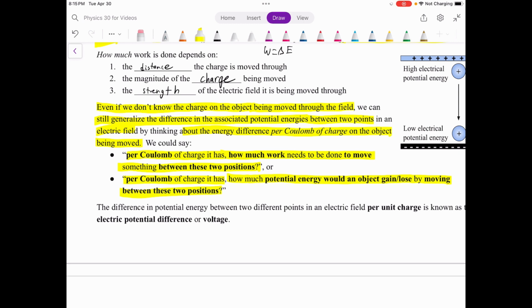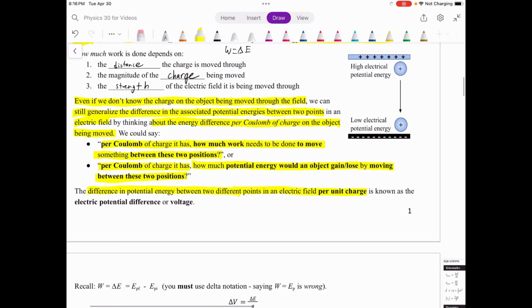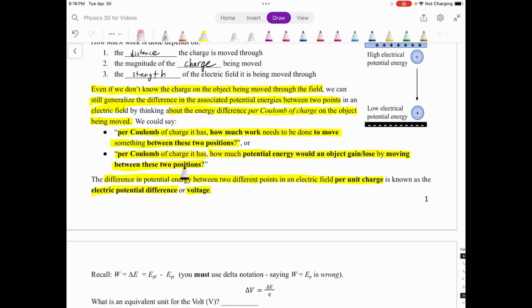And this has its name, this quantity of how many joules it would gain or lose per coulomb of charge by moving between these two different points. The difference in potential energy between two different points in an electric field per unit charge is known as the electric potential difference, or the voltage. Do you see what I mean?